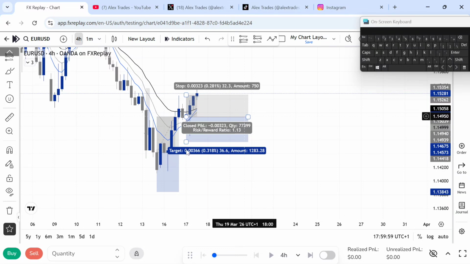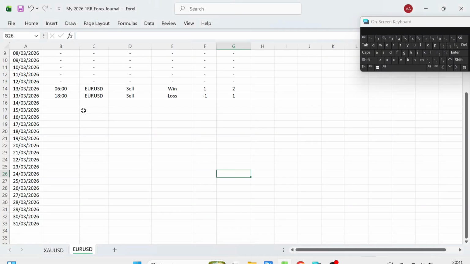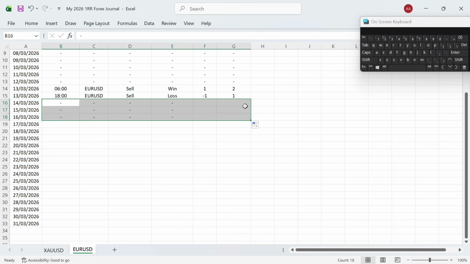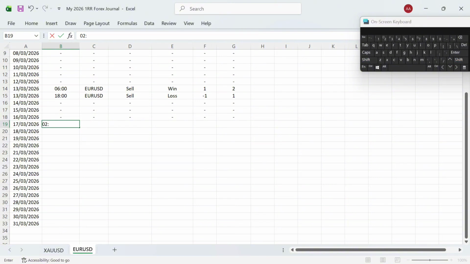So this was on the 17th of March by 2 o'clock. I don't know if this computer is lagging or something. 17th of March by 2. Pardon the performance issues beginning to show here, but I don't think it's going to be constant. So this one was also a sell.